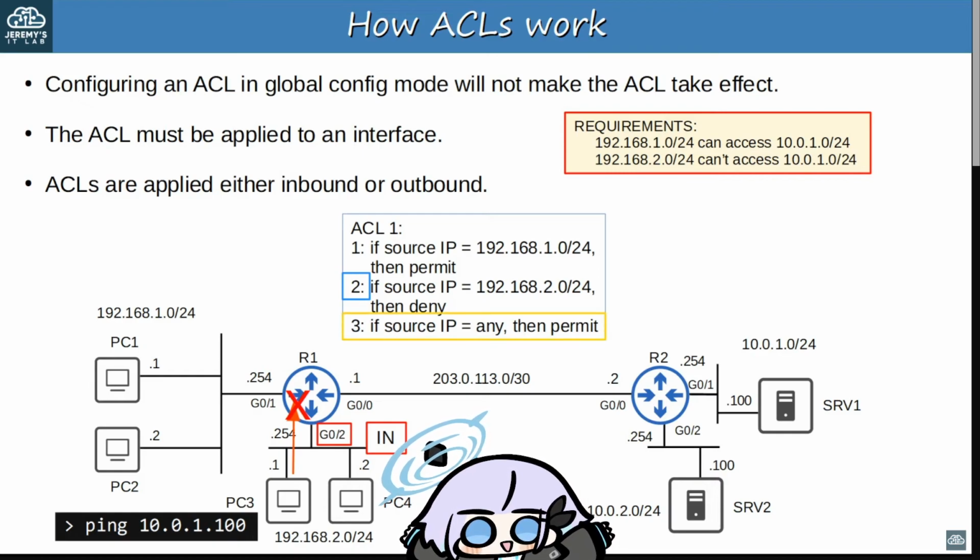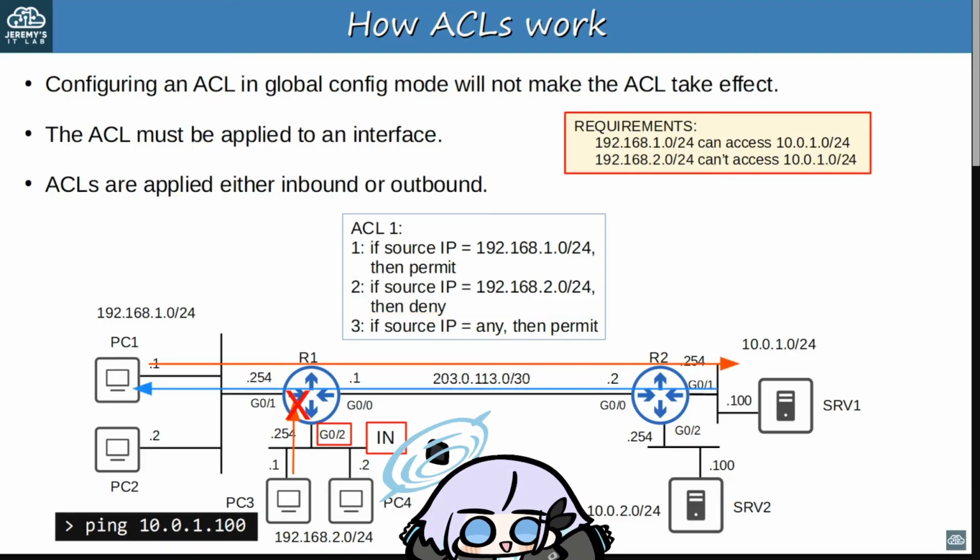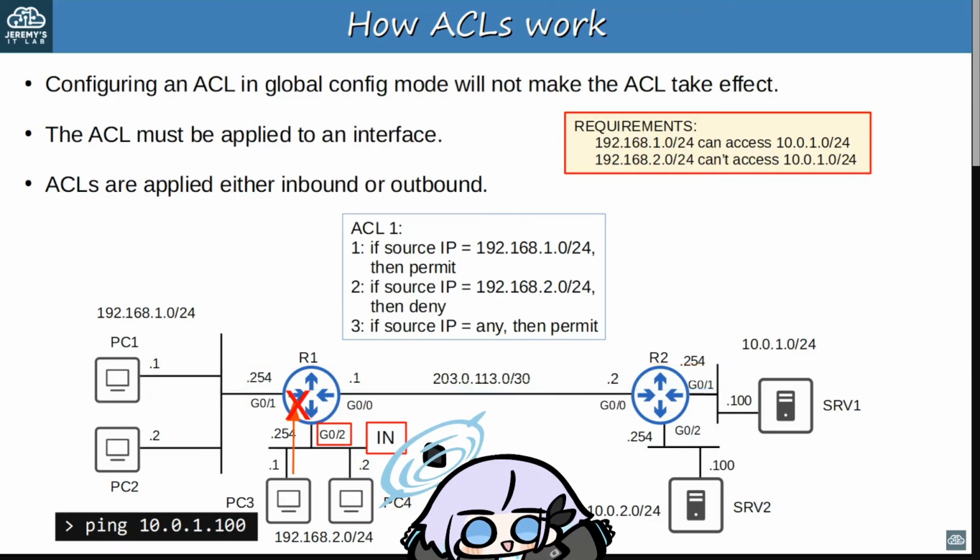So does this fulfill our requirements? Yes and no. 192.168.1.0/24 will be able to access 10.0.1.0/24 no problem. There is no ACL stopping them from communicating. Also, hosts in 192.168.2.0/24 are prevented from accessing 10.0.1.0/24.